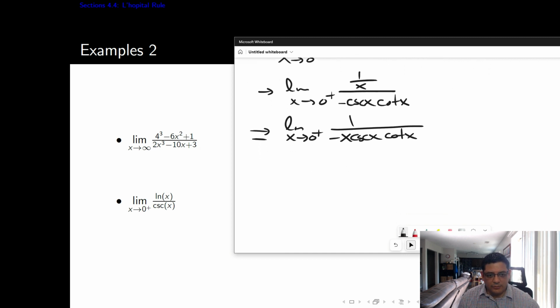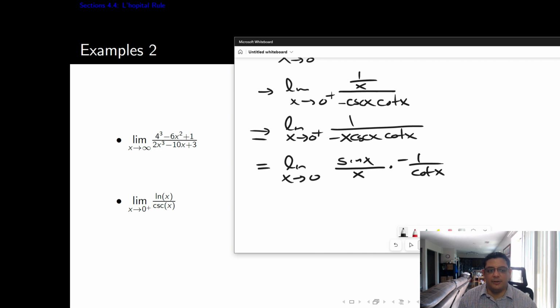And then I can do a little bit of algebra here. Remember that cosecant is 1 over sine. So essentially if I have 1 over sine here, I can flip that sine to be on the top. So now I have sine of x over x times minus 1 over cotangent of x, right?